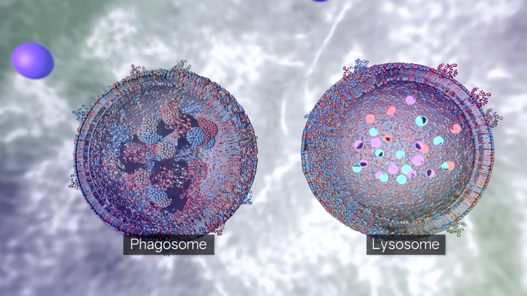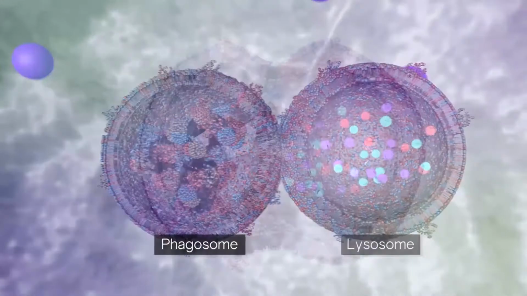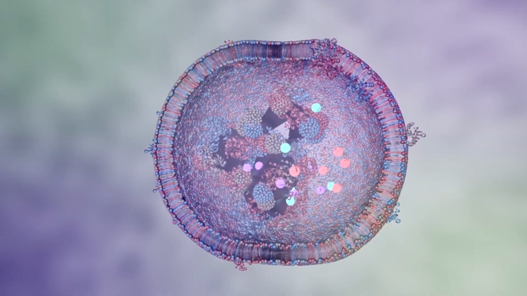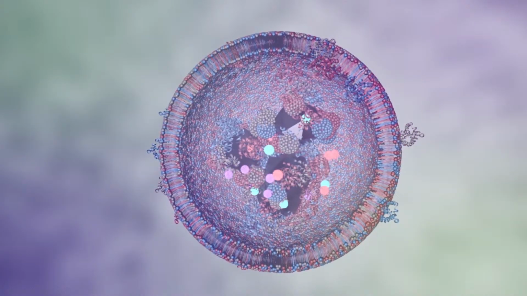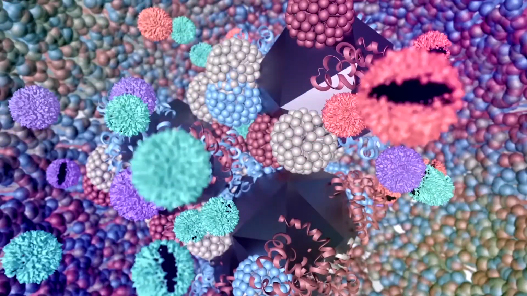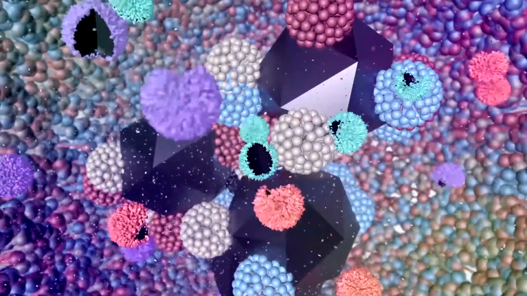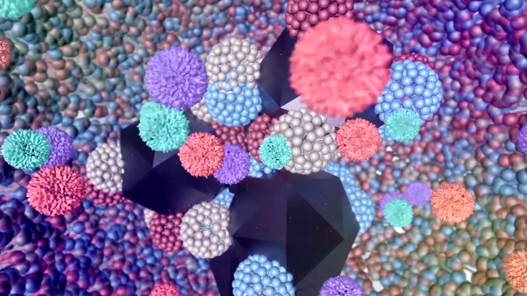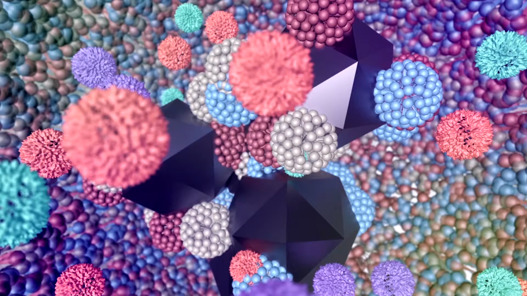In the cytoplasm, the phagosome containing the ENM comes into contact with a lysosome containing hydrolytic enzymes. The phagosome and lysosome merge to form a phagolysosome. The hydrolytic enzymes in the phagolysosome break down the ENM corona, but do not degrade the ENM.